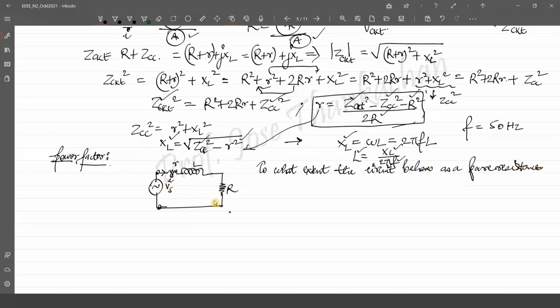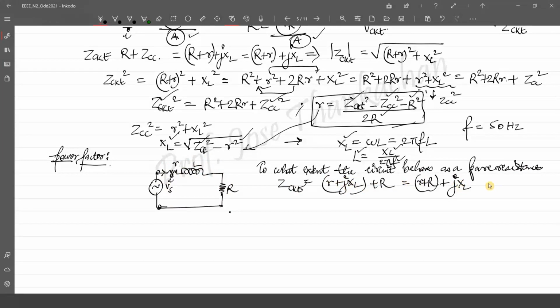So this circuit here does not have pure resistance. It is actually a combination of small r, inductor L, and capital R also. So we know the total Z for this circuit will be written as small r plus j times XL, that is for the coil, plus capital R. Because of the real parts we can add small r plus capital R plus j times XL.